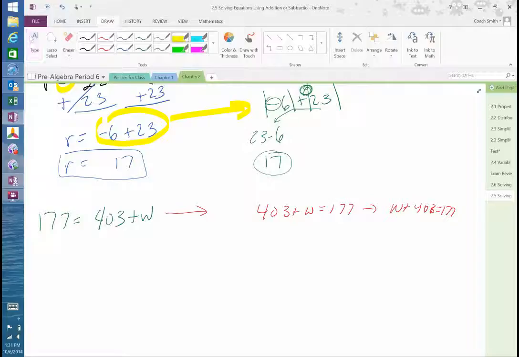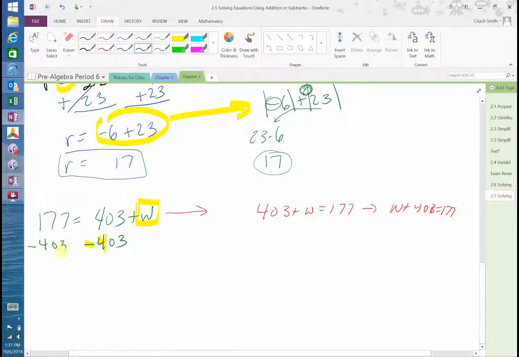The bottom line is, what am I doing to W? In that problem, what am I doing to W? Adding what? 403. I'm adding 403 to W. Okay, so what is the inverse of adding 403? Subtracting 403. So I have to subtract 403 from both sides of the equal sign.